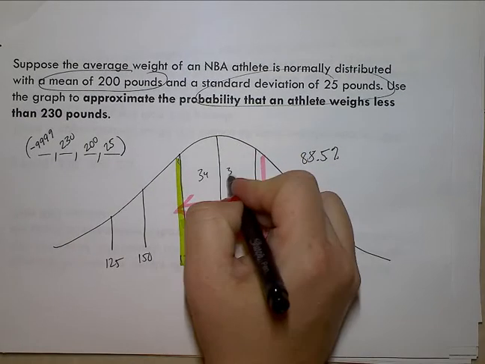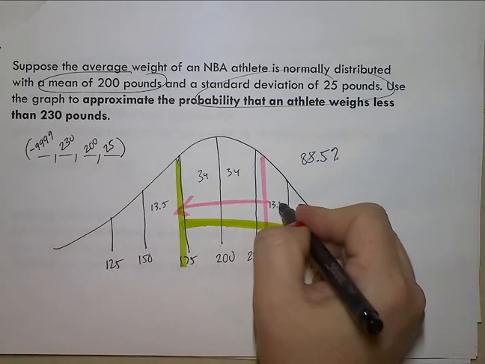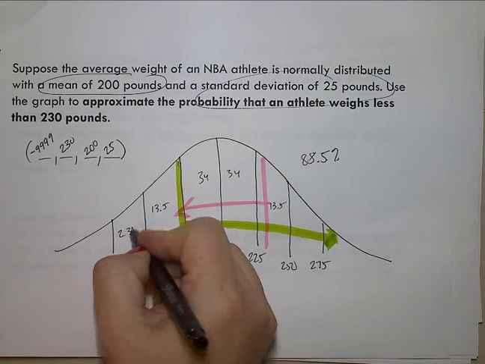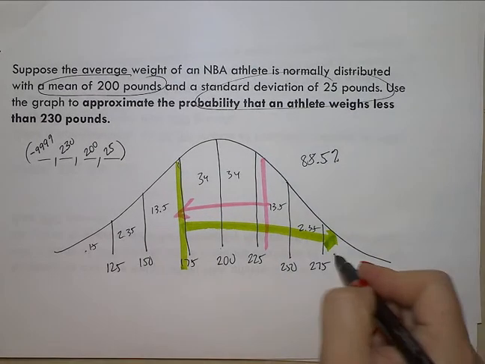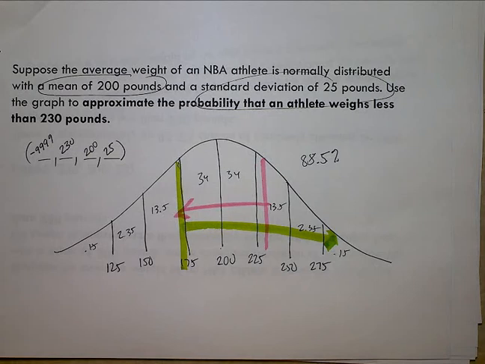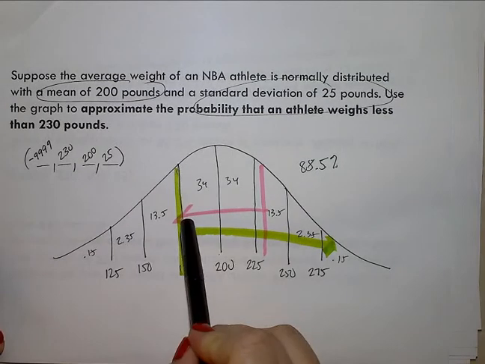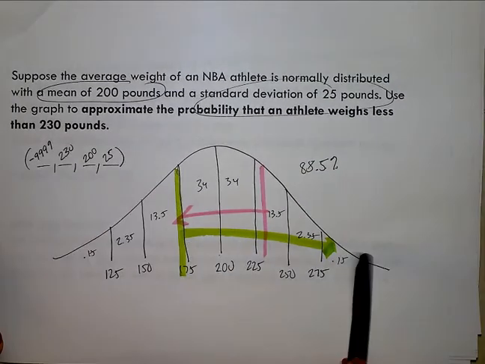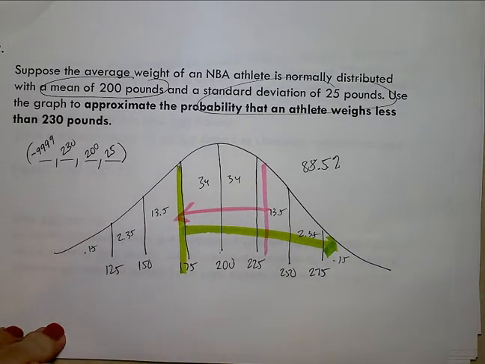What's the next two? 13.5 and 13.5. 2.35 and 0.15. Remember that our bell curve is symmetrical. So I'm just going to add up everything to the right of this line. And I'd like you to do the same. And please check with me. I believe it comes up to 84. Can you check with me and see if that is correct?